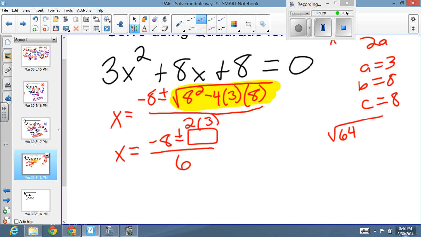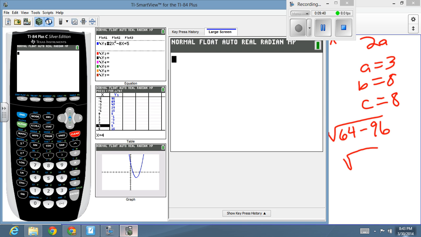Let's see here. 4 times 3 is 12. 12 times 8 is 96. So that's going to be 64 minus 96. It's a negative 32.